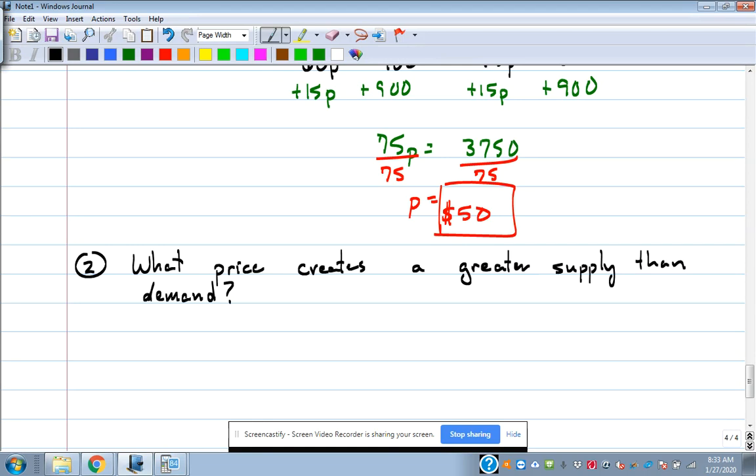What price creates a greater supply than demand? There are a couple of different ways to think about this, a fairly straightforward way and one that's a little bit more clever. But what could we set up? Yeah, set supply greater than demand.